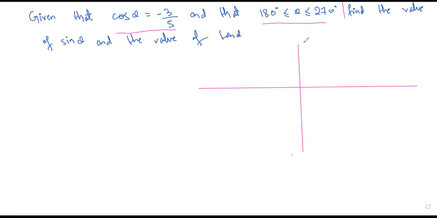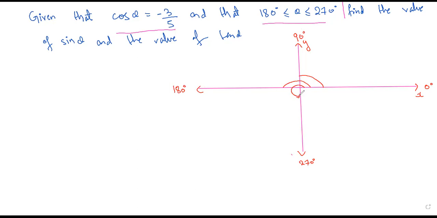Now this is the y-axis, this is the x-axis. Okay, now this is 0 degrees, this is 90 degrees, this is 180 degrees, and this is 270 degrees. When I say 270, this is 270, right?